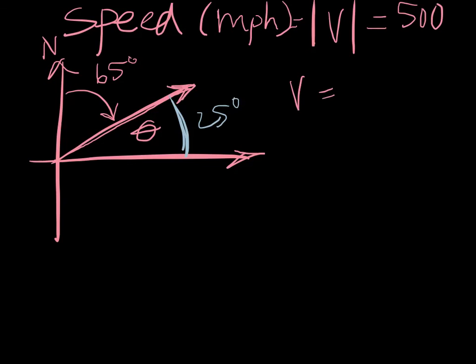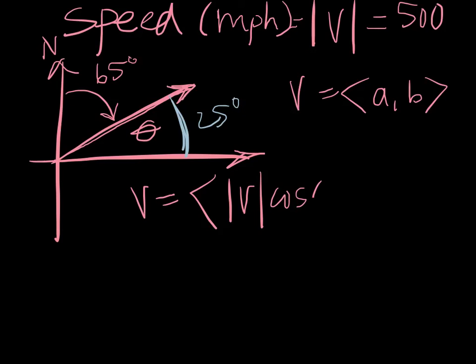It wants your vector in component form. If you're given a velocity with a direction, I need to write it in component form. This is the equation I'm going to use.